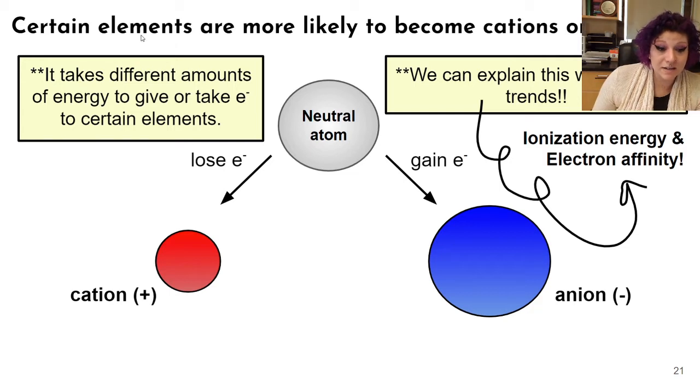So if it takes a ton of energy to add an additional electron, that element probably isn't going to like that. But if the element is just super happy to gain an electron, it just really wants another electron, y'all, it's probably going to gain that electron and form an anion. So we explain these trends through periodic trends. Specifically, we're going to talk about ionization energy and electron affinity.